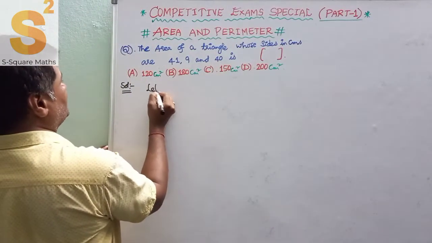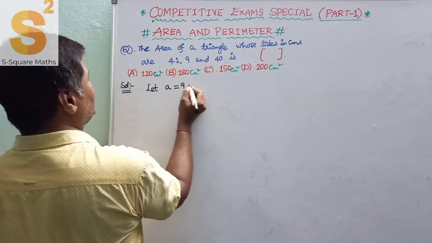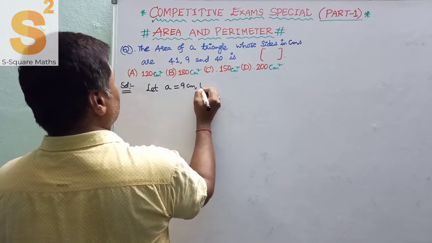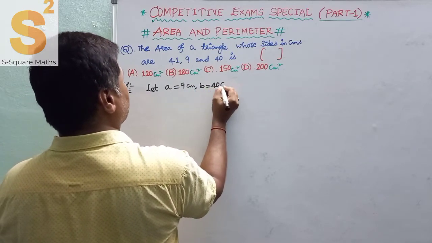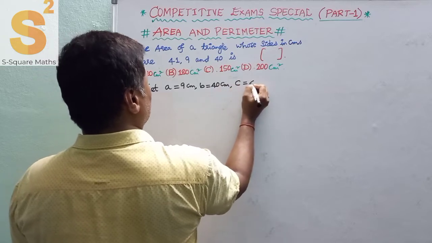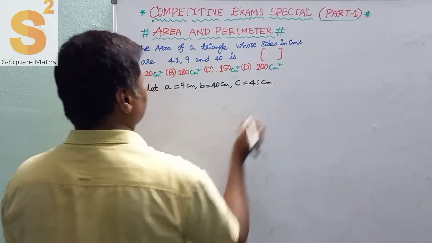Let A is equal to 9 centimeters, B is equal to 40 centimeters and C is equal to 41 centimeters.